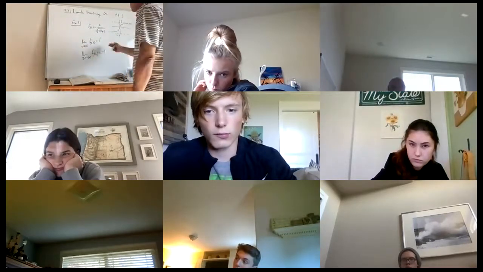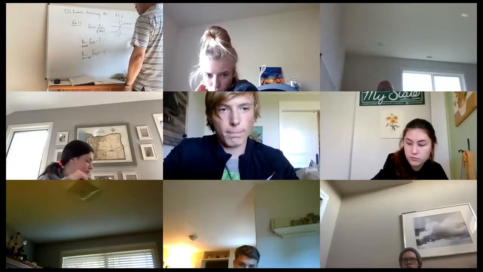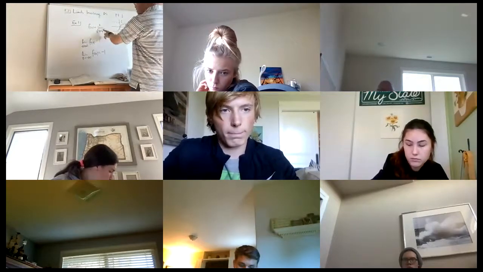As you can see, you have two different horizontal asymptotes. When it goes to the right end, positive infinity, it is 1. When it goes to the left end, negative infinity, it is -1. All right, that's that.